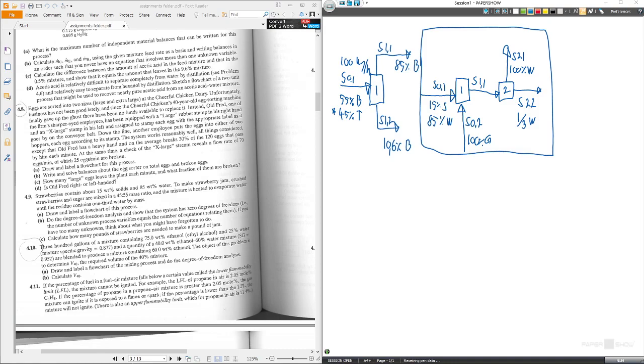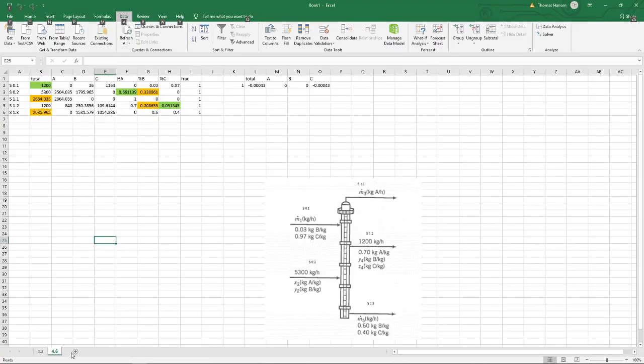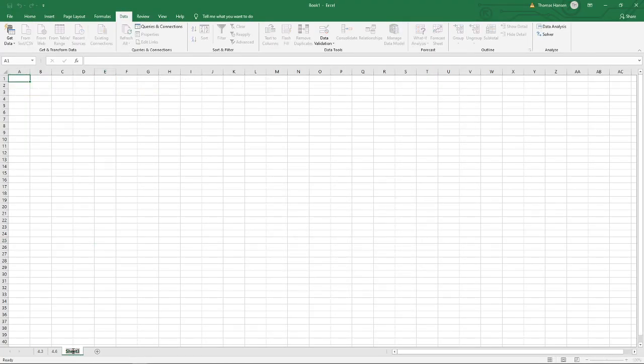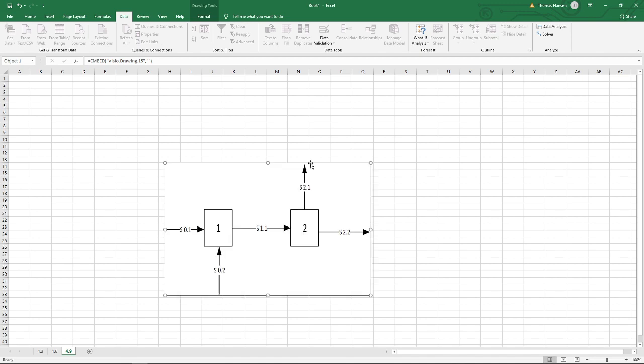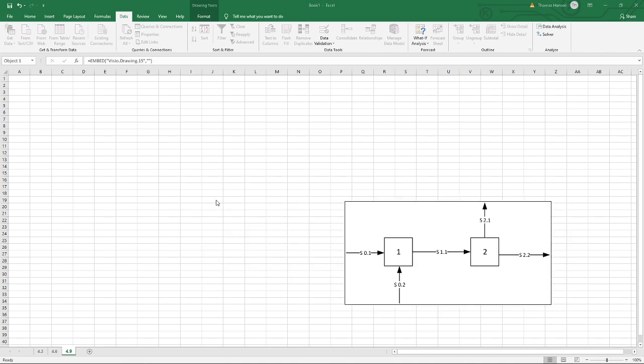So if I can just find Excel, I can't, there we go, we'll make a new one. This one was for 9. I've made a small drawing here. Are we told the masses?